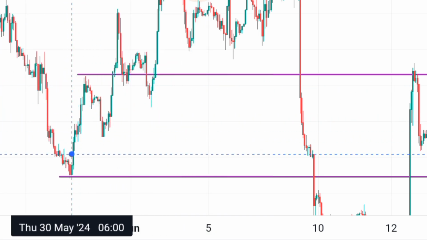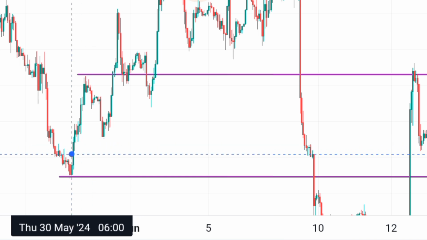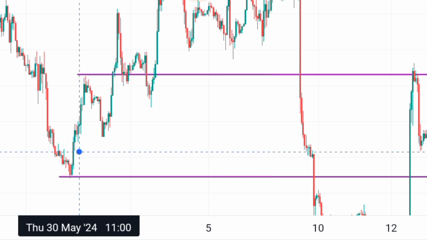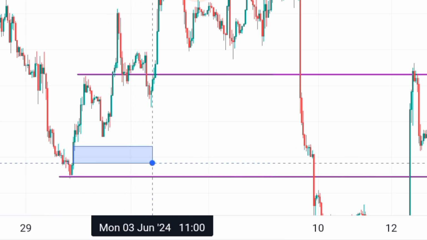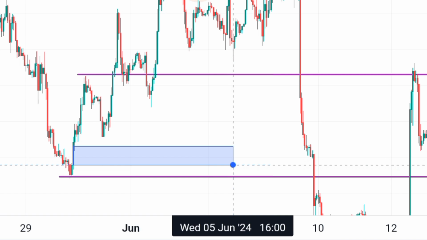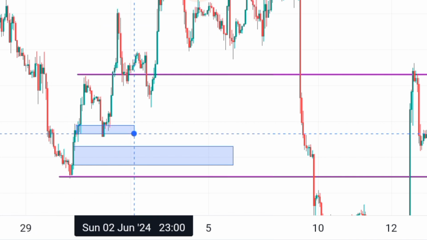For example, we have one of the fair value gaps right here. So we have that fair value gap right there. Then after that we have another block right here. There's this other block here.